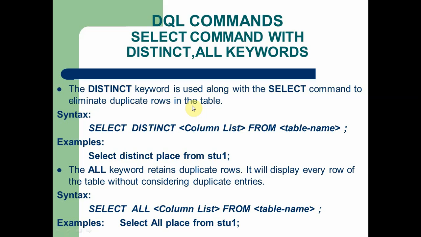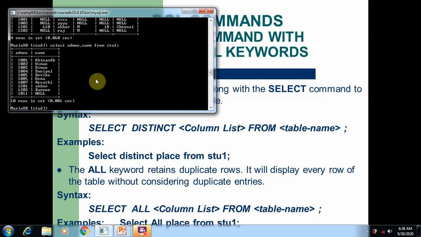It means on the screen you can see many data listed here. To view only the distinct data, that means without duplicate data, you can use the distinct keyword before the column name, by which you can see only the unique data from the particular column.